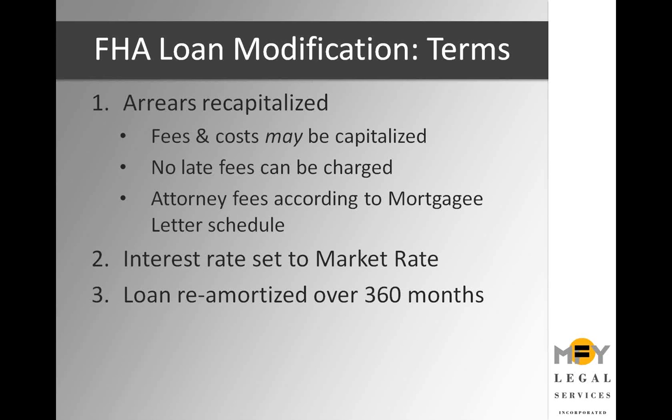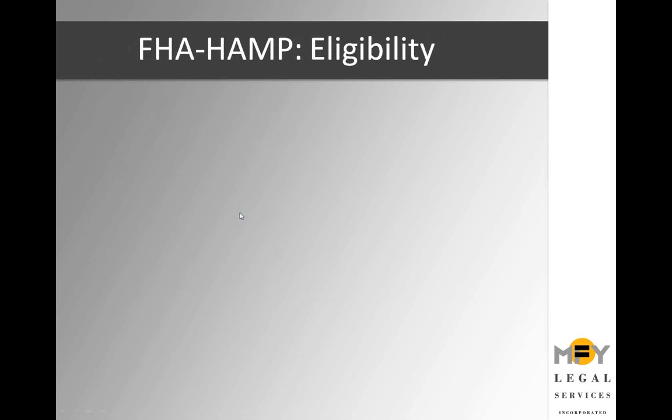This letter is described in more detail in the written materials that were provided, as is everything on all of these slides. The interest rate is set to a market rate, the market rate being the Freddie Mac primary mortgage market survey plus 0.25%, and then the loan is reamortized over 360 months.